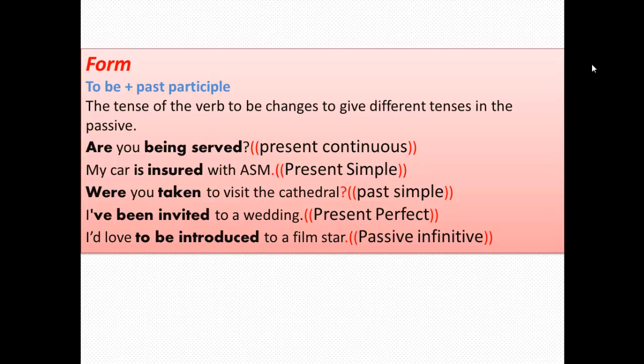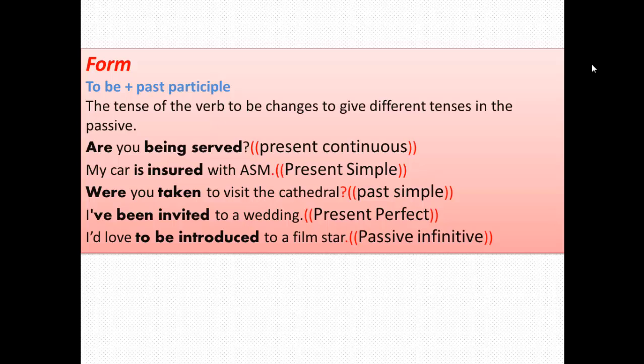The first one refers to present continuous and the other one refers to the passive voice: are and being. So after are we use be plus ing, and after be plus ing we put the past participle.